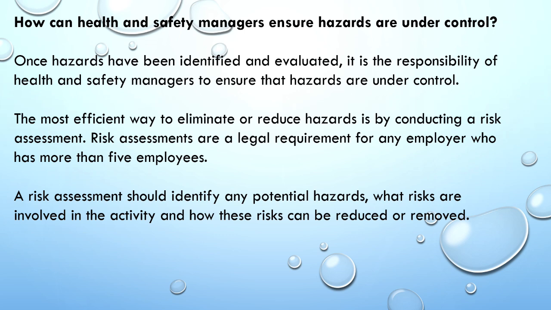The risk assessment is a legal requirement for any employer who has more than 5 employees. So you've got to make sure that you have this in place, the risk assessment, if you have more than 5 employees. So a risk assessment should identify any potential hazard, what risks are involved in the activity, and how these risks can be reduced or removed.